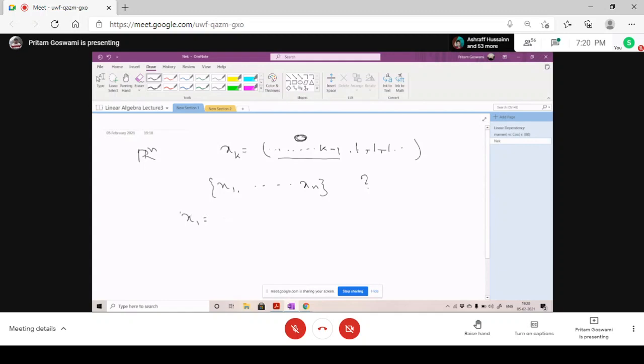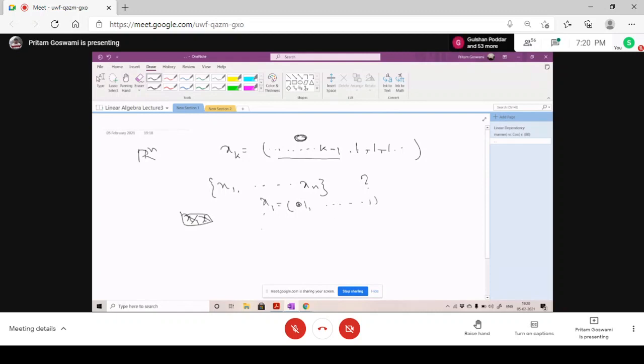The intuition is correct, but can you do it mathematically? It's a simple calculation. What will the first vector be? x1 will be all ones.